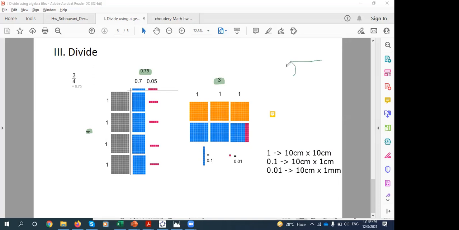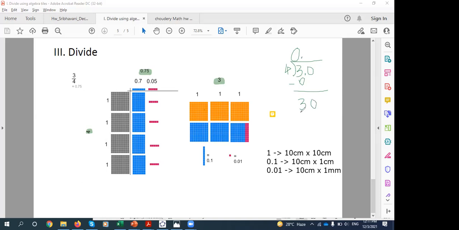You are trying to divide 3 by 4, and you are not able to divide at the first round. Now you put a decimal point and put a 0.